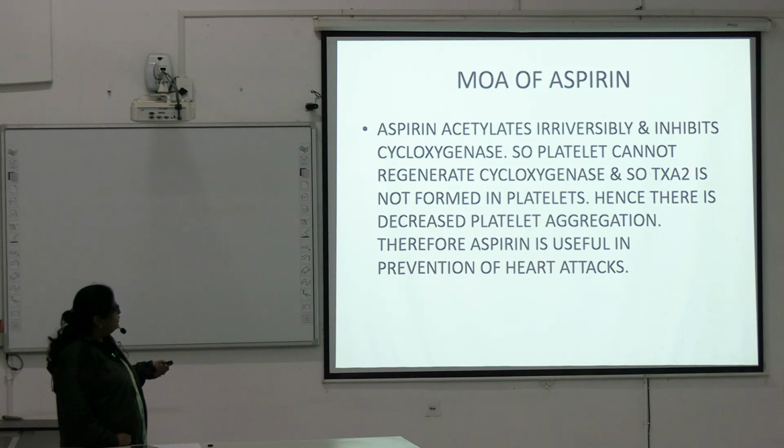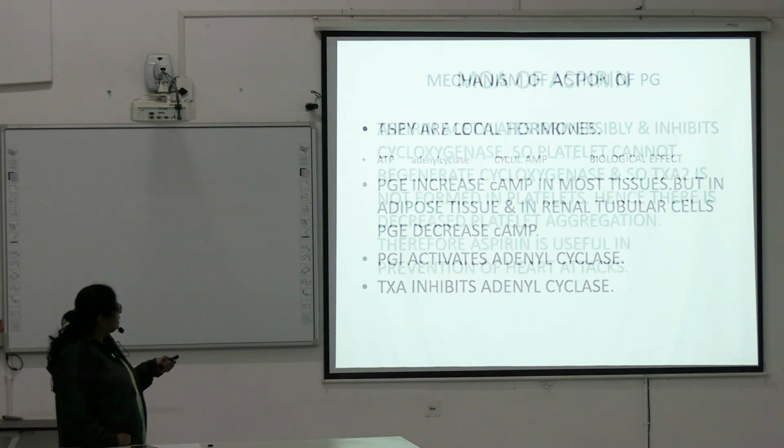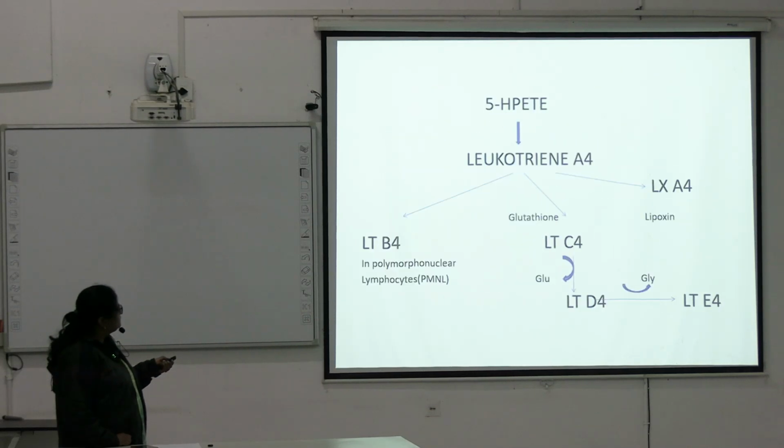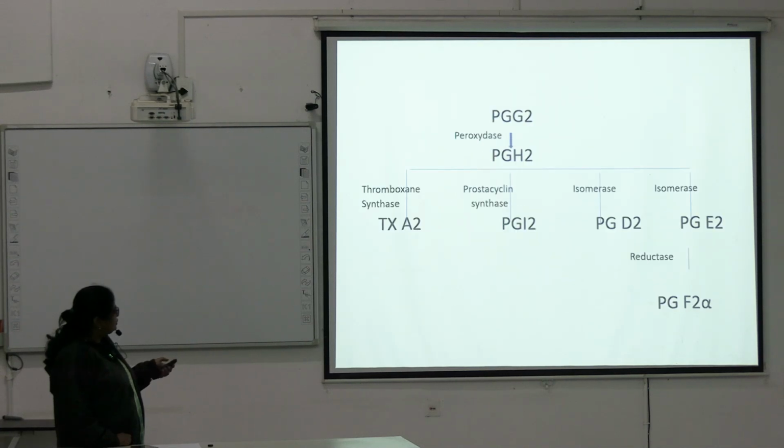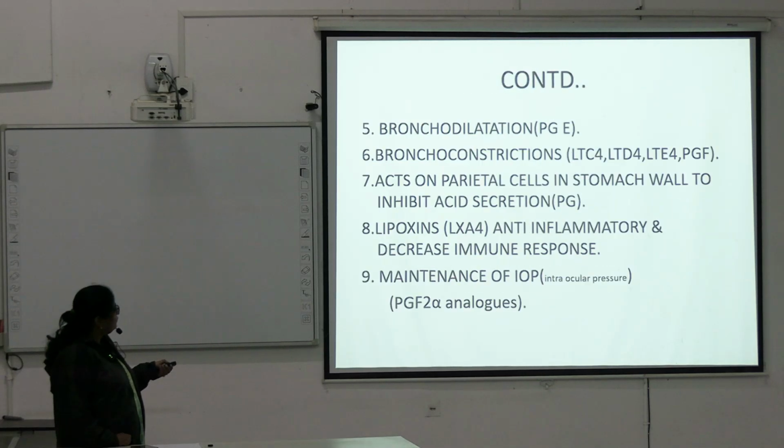Okay. Remember this chart of synthesis. If cyclooxygenase is inhibited by aspirin, both cyclooxygenase 1 and 2 are inhibited irreversibly. There is no production of PGD2, no production of thromboxanes, prostacyclins, other prostaglandins. Okay.